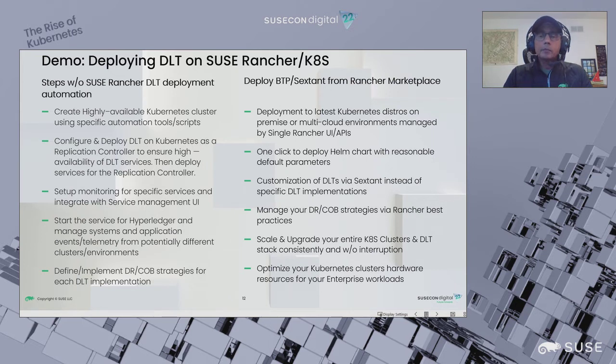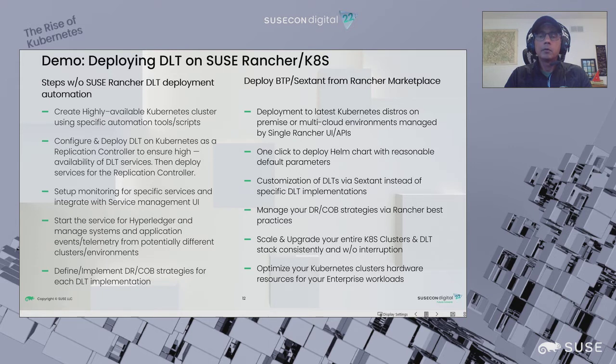And now you want a good UI that is going to help you configure and maintain your distributed ledger itself. This is where we're going to show you how this is done with Sextant. And then the whole underlying infrastructure needs to have some DR and backup policies that meet your business needs.